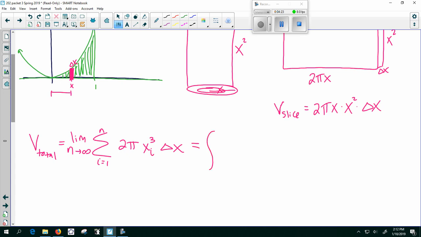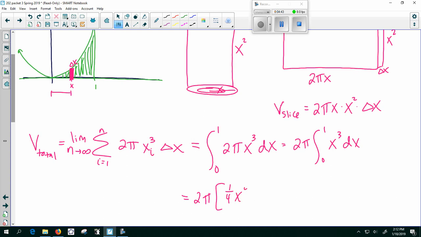The integral from 0 to 1 of 2 pi x cubed dx. So this is 2 pi times the integral from 0 to 1 of x cubed dx. That's 2 pi times 1/4 x to the 4th, evaluated from 0 to 1.